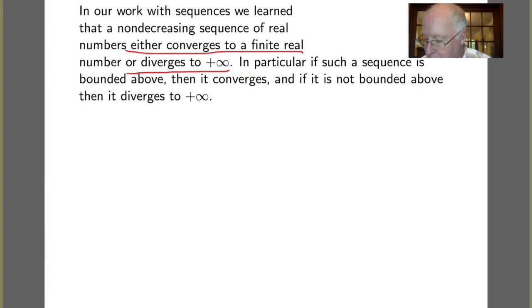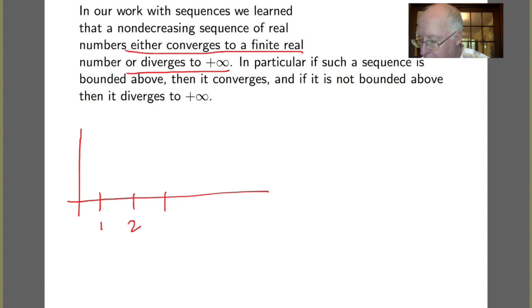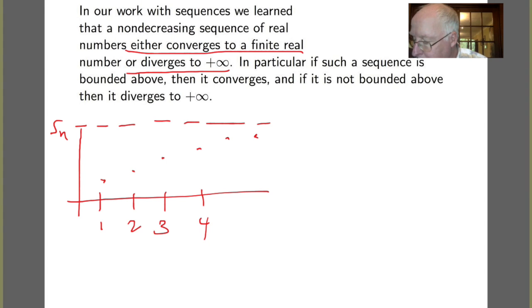You might remember the graph like this. If we graph the sequence first, second, third, fourth, and do the S sub n's here, there might be a line above which the S sub n's can't go, although they do increase like this. And if that's the case, we know that the sequence converges.